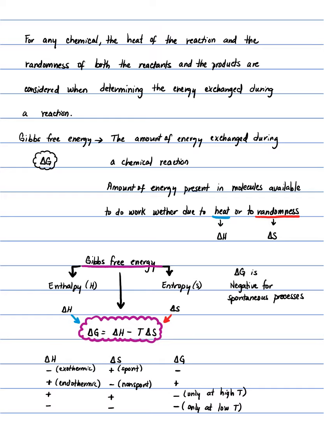So for Gibbs free energy, we use the letter G. And since it is a state function, we're focusing on that change in the Gibbs free energy. So we have a mathematical equation that puts together all of these thermodynamic properties: the Gibbs free energy, the enthalpy, and the entropy.